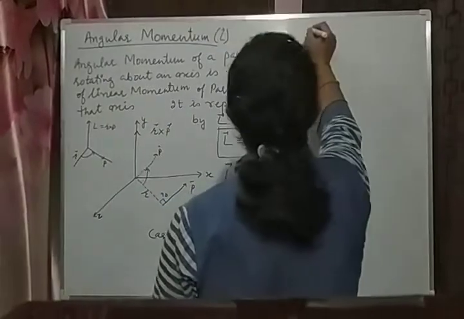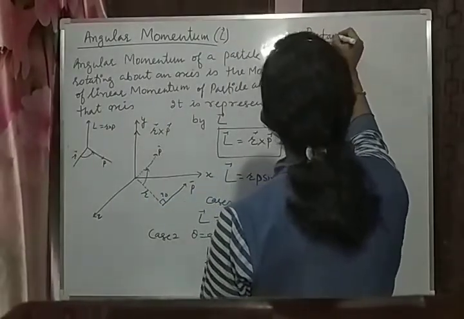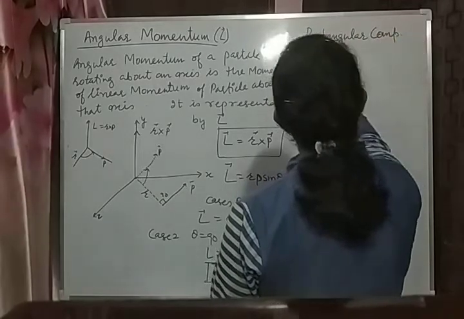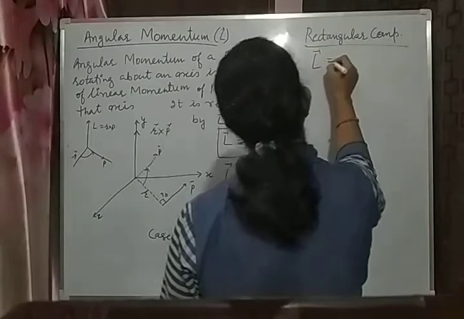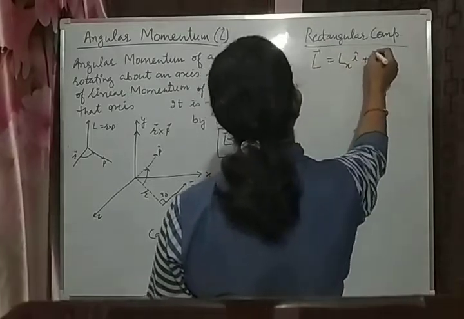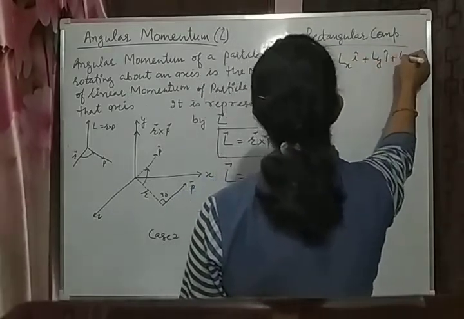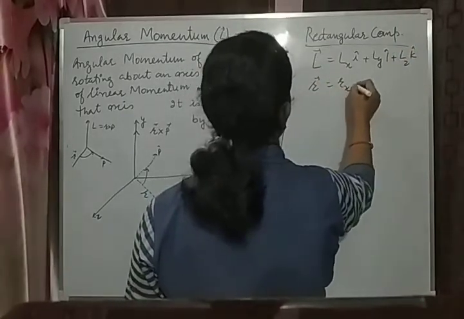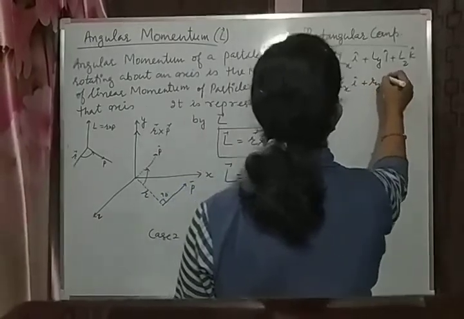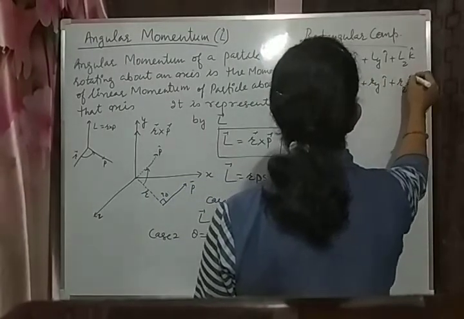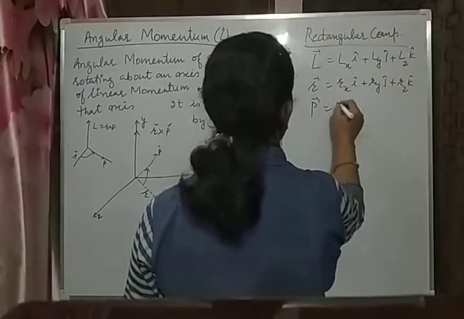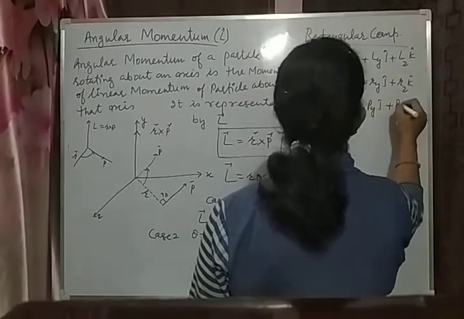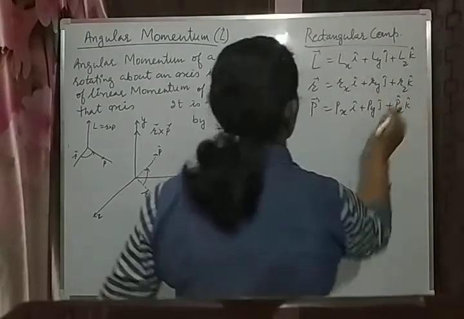And in terms of rectangular components, you can write L is equal to Lx i plus Ly j plus Lz k, and R is equal to Rx i plus Ry j plus Rz k, and P is given by Px i plus Py j plus Pz k.